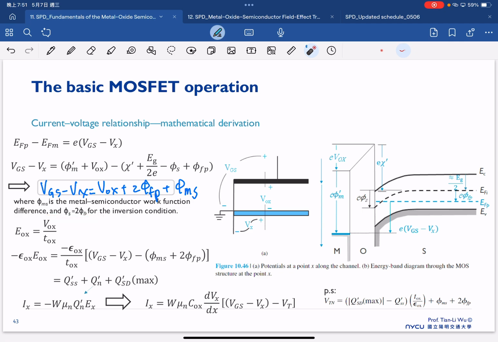And we have the electric field equal to V over thickness. Therefore, this one can be further considered as here, because this is Vox, so we can put this here. So this one is equal to this one. And then the Qn prime here is also equal to this one.